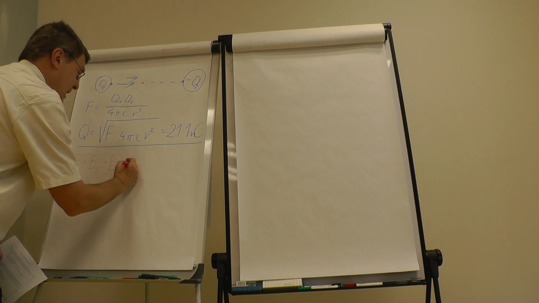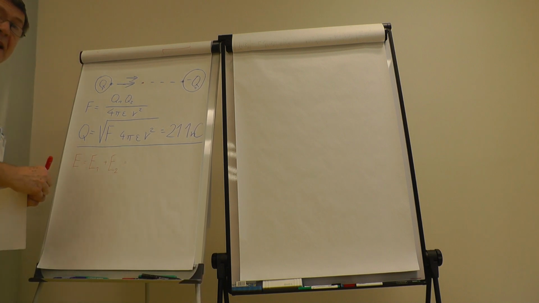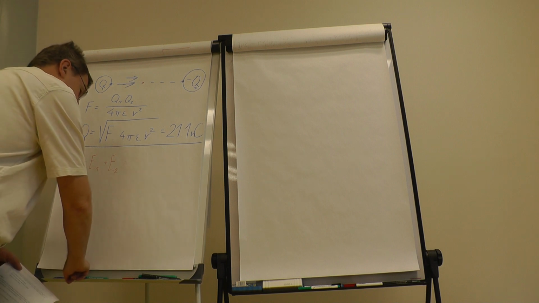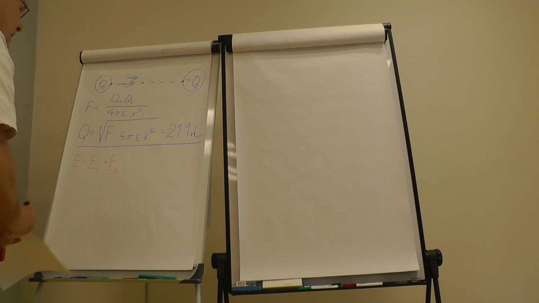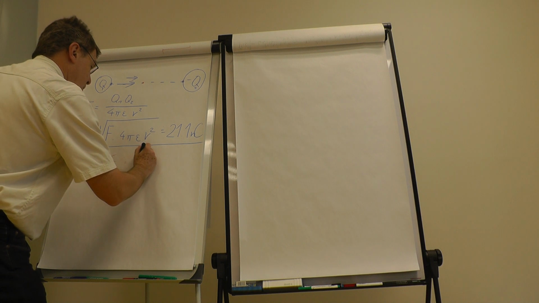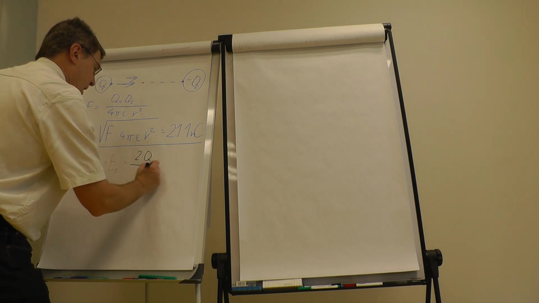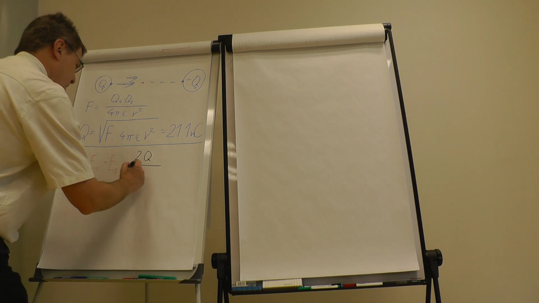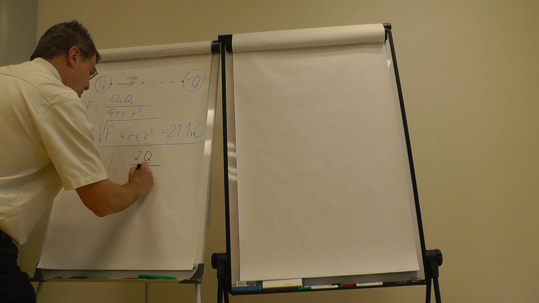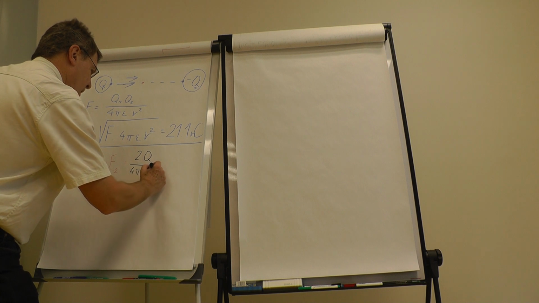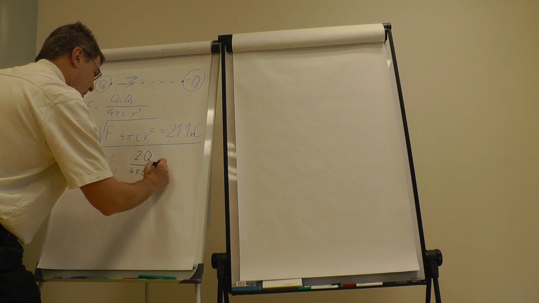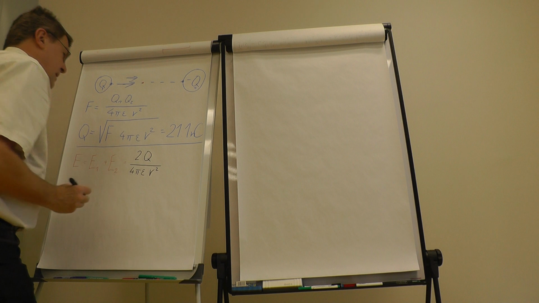So that, again, according to a known equation, would be 2 times the equation for electric field strength caused by a point charge, q over 4 pi epsilon r squared.